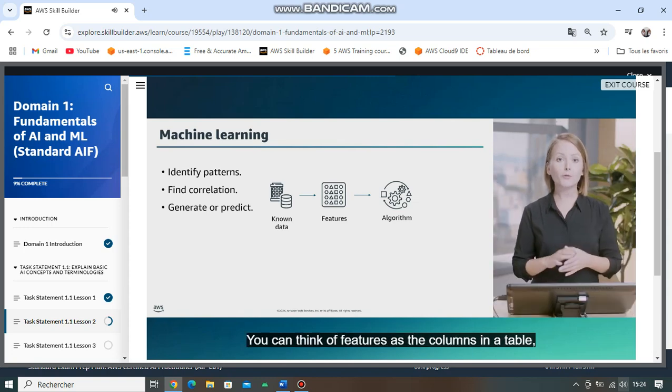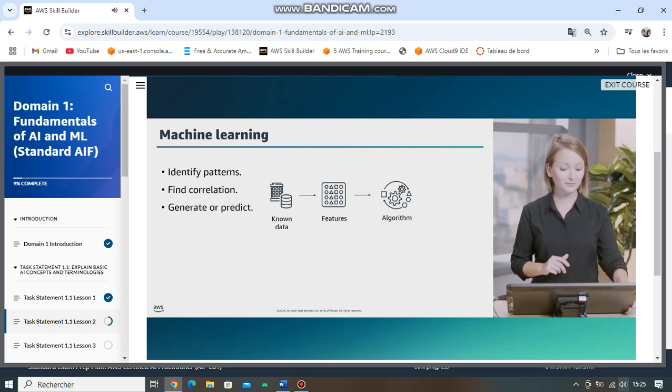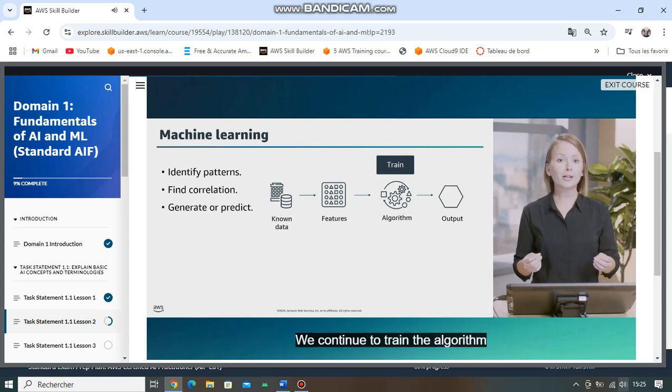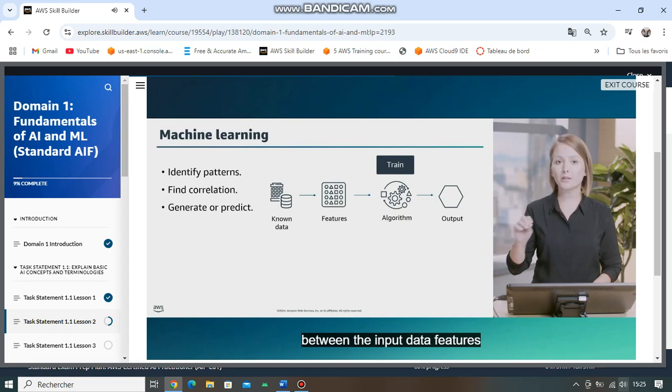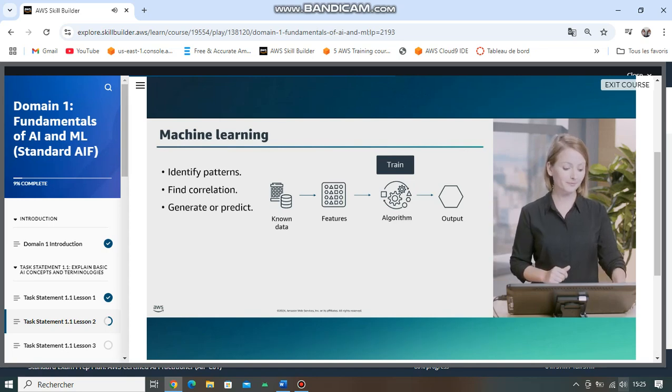You can think of features as the columns in a table or the pixels in an image. We continue to train the algorithm by giving it more known data to analyze. Its task is to find the correlation between the input data features and the known expected output, if available.